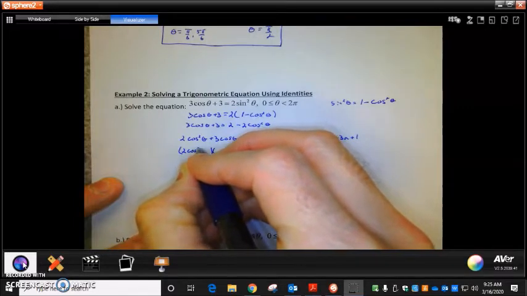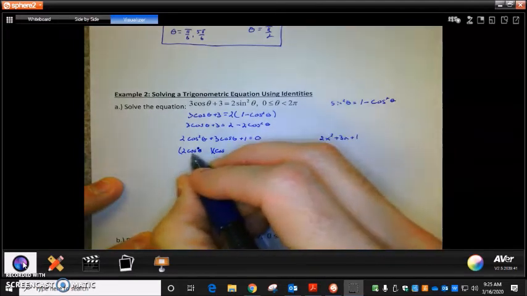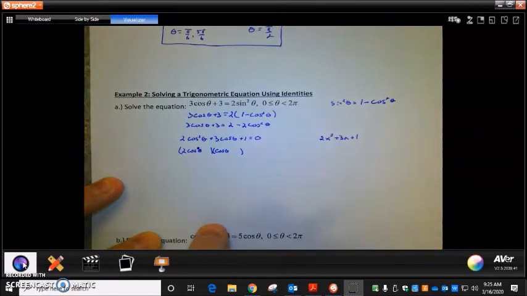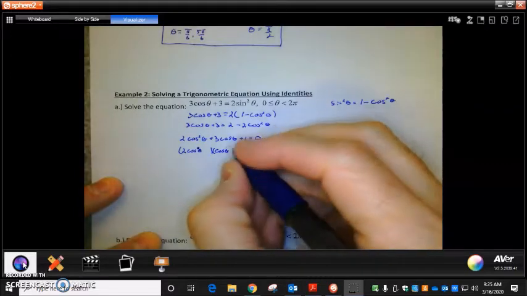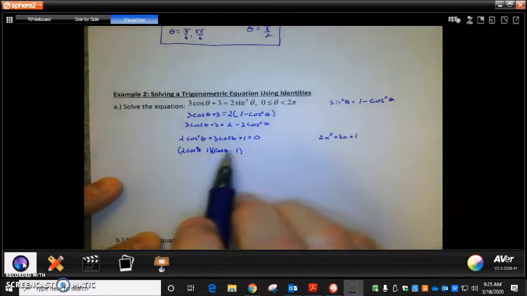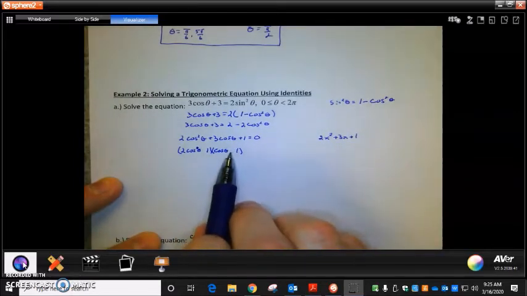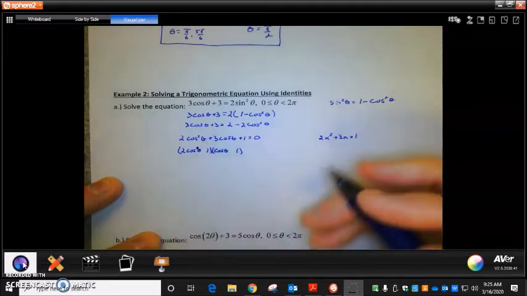Excuse me, that should not be a squared anymore. So I've got 2 cosine and cosine. That's how you're going to factor 2 cosine squared. I've got a plus 1 here, so again, that's only going to factor into 1 and 1. And then my only determination now is whether these should both be positive or both be negative. But again, that middle number is a plus 3.